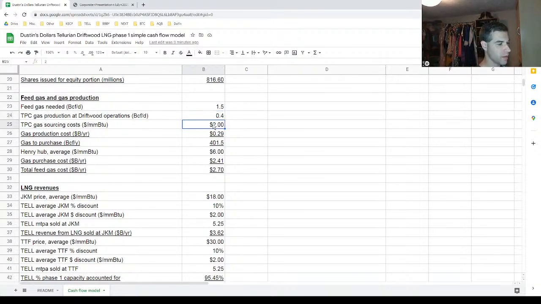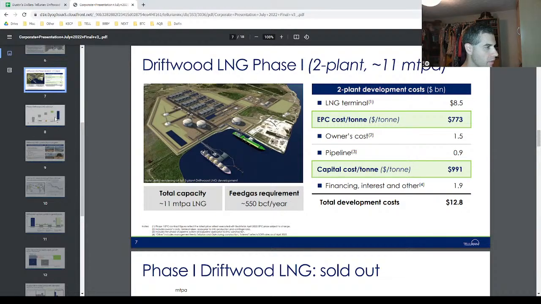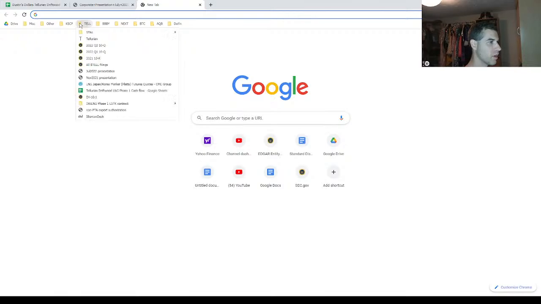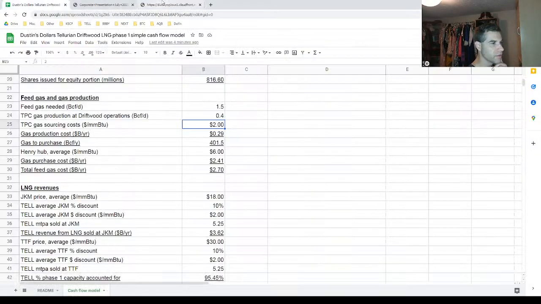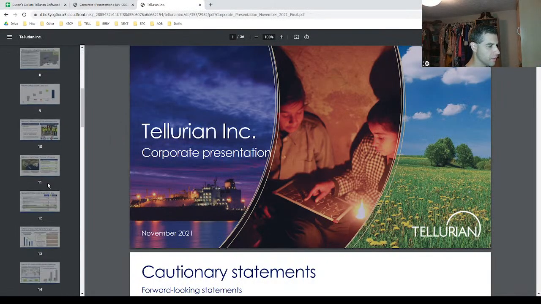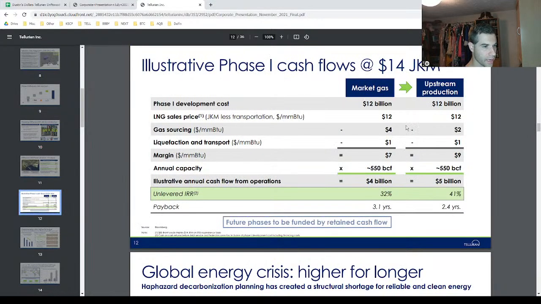And how much does it cost them to source this gas? This was a number I got from their corporate presentation, $2 per MMBTU. I think they had it in their prior presentation, but they had $2 per MMBTU if they are producing themselves. Yeah, it's right here. That's this $2 over here.